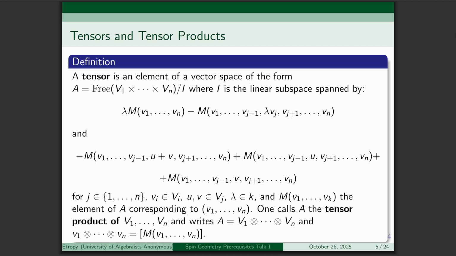Now we've obtained a free construction, but we want to put them together multilinearly. So we wish to make this map, which takes these vectors and puts them together formally in a completely independent way, multilinear in some way.